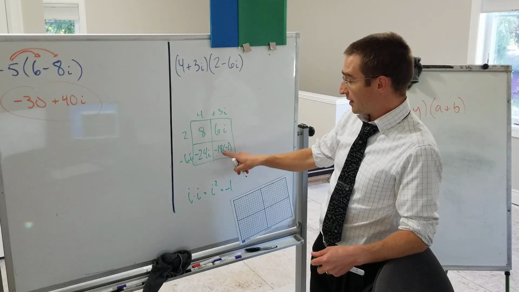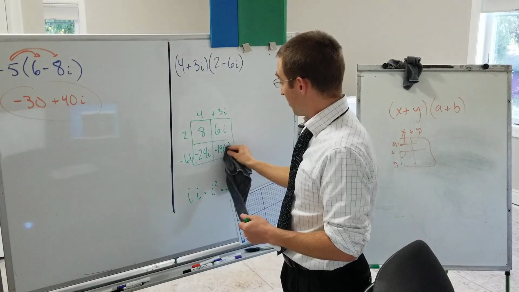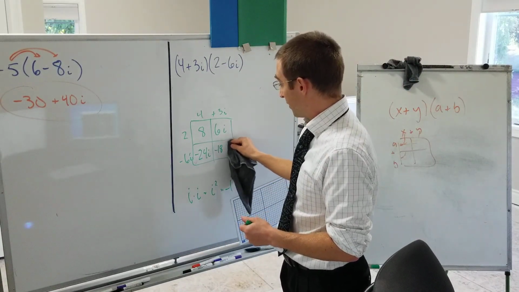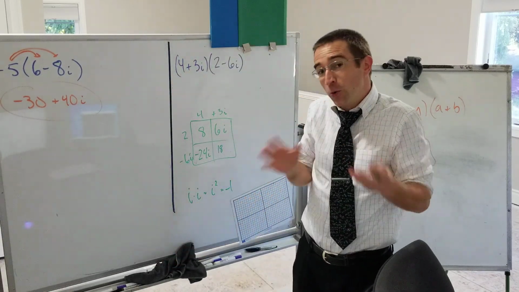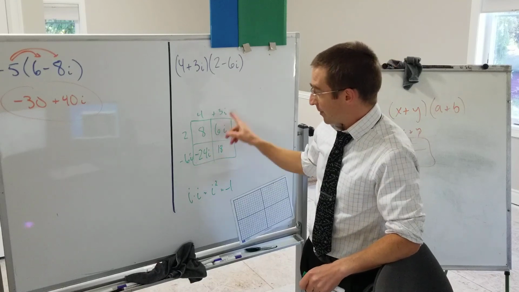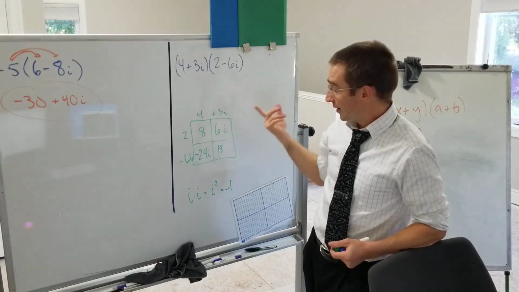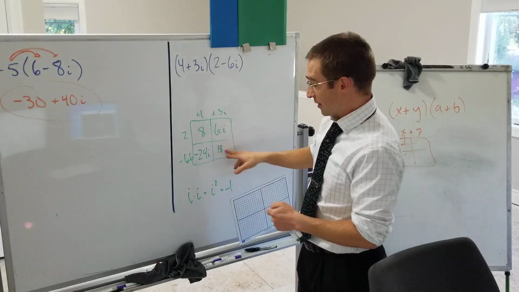So I have negative 18 times negative 1, which is really positive 18. That's the tricky part. That's really the only tricky part with these: when you're multiplying i times i, it's negative 1. So really I have negative 1 times negative 18 to get this positive 18.